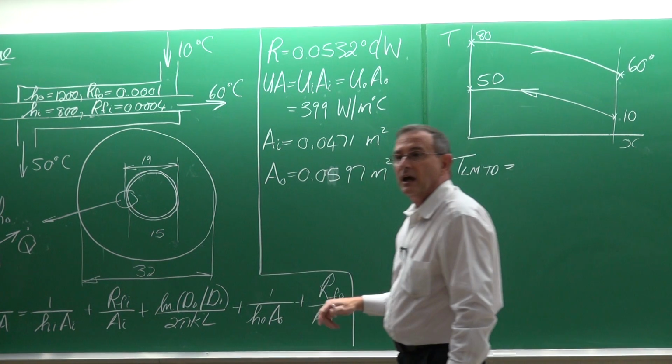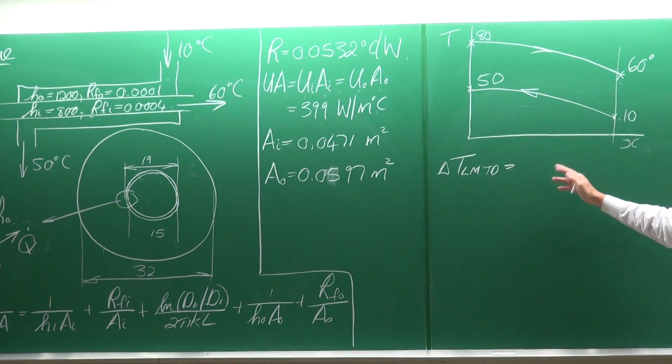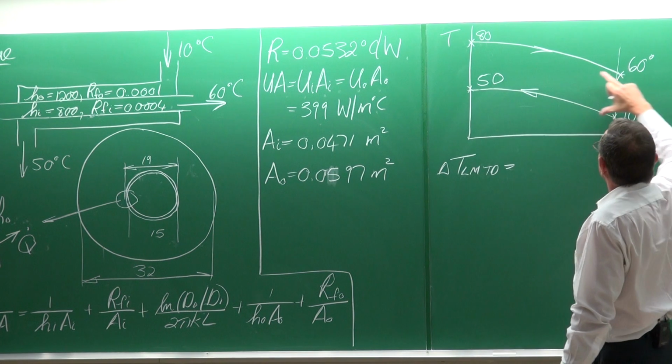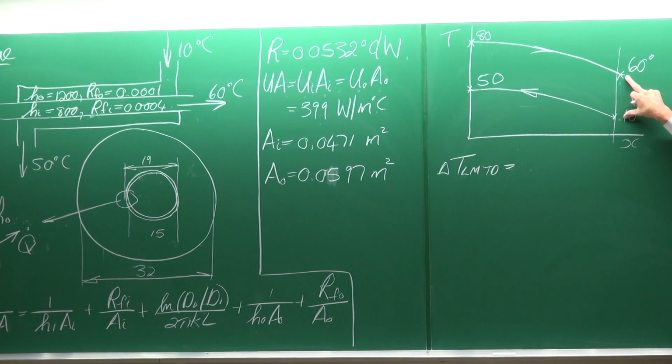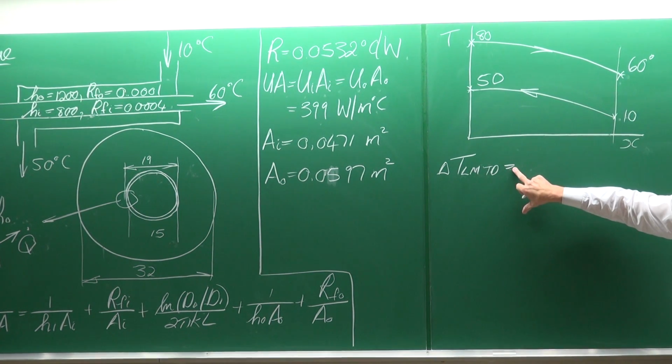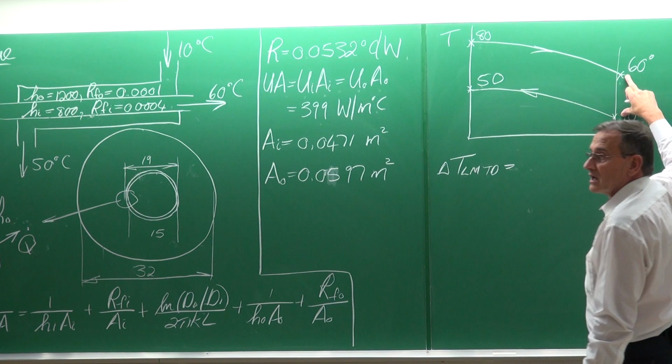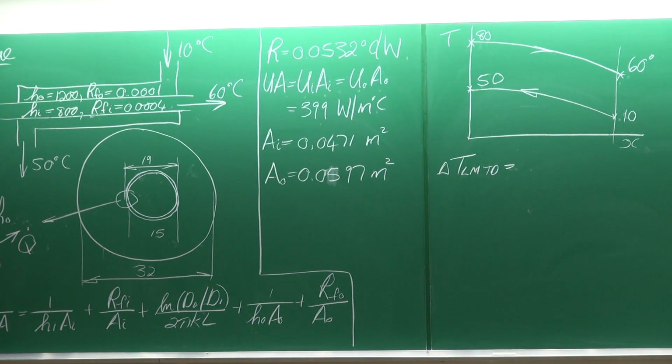The general guideline is you can always use LMTD, except if you end up in the situation where that temperature and that temperature is the same, then this is not going to work. You'll not be able to calculate the LMTD, but then you can just take that temperature as the temperature difference.